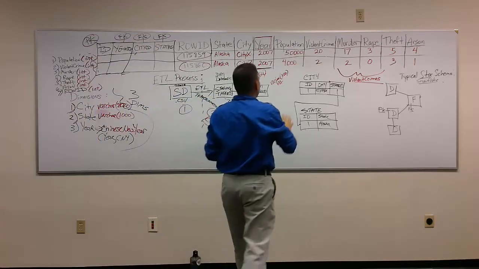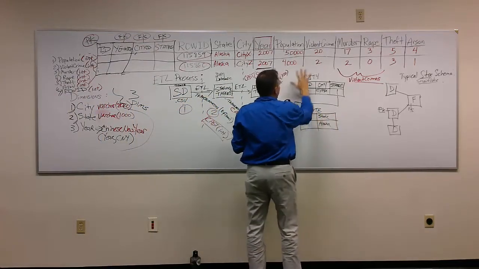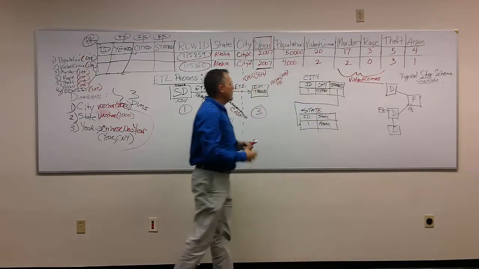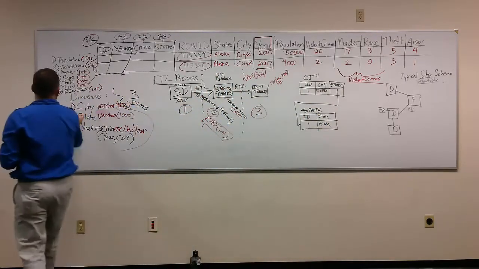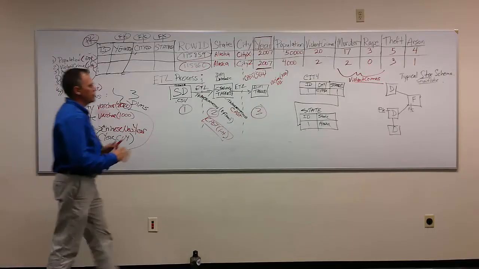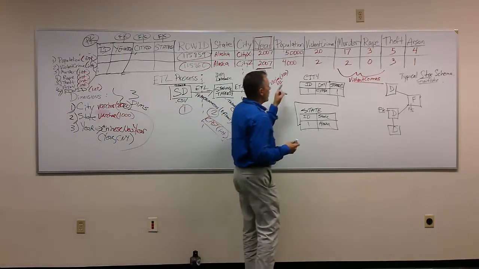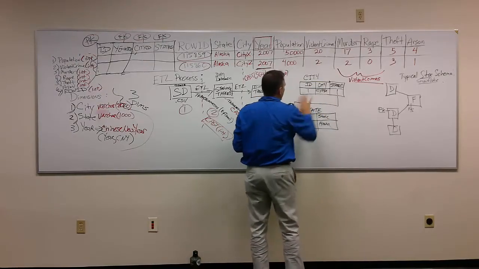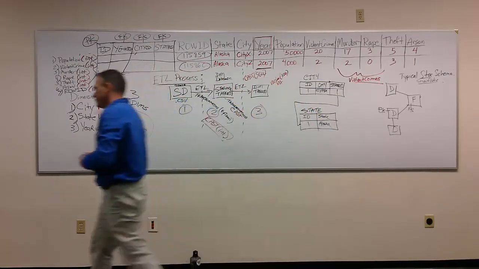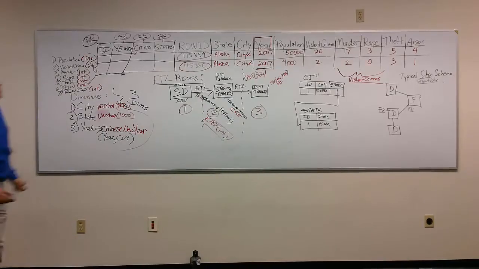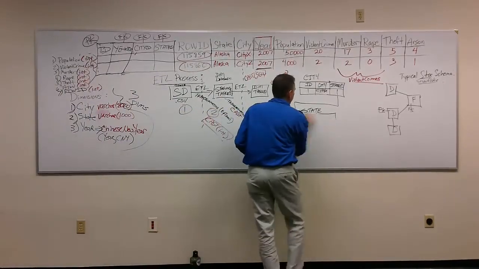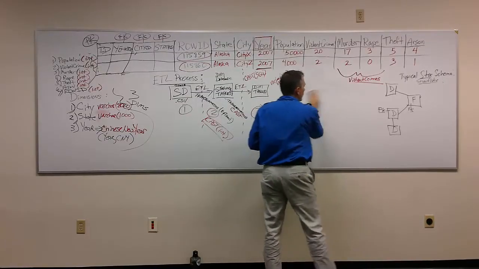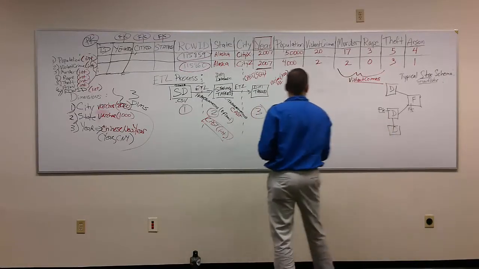We just did an example where we identified that we needed a state dimension, a city dimension and a year dimension. We also recognize that there is a hierarchy between city and state. I'm going to erase that now.